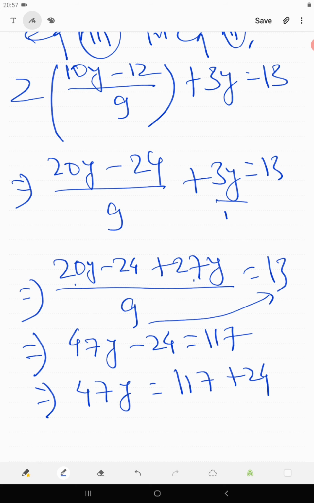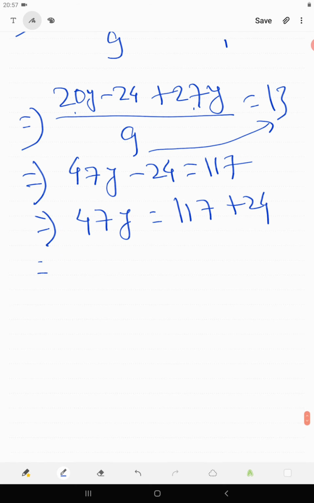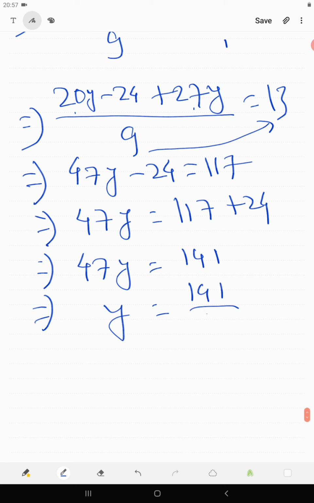Okay. So 117 plus 24. So 47y equals, if you add 117 plus 24, you will get 141. So y equals 141 divided by 47. So 7, you see this thing, 7. And you see the first digit of 141. Okay, it is 1.